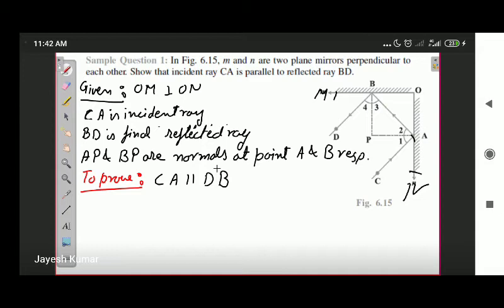First, we can prove that the pair of alternate interior angles are equal, therefore the lines will be parallel. Or we can prove that a pair of corresponding angles are equal, then the lines will be parallel. Or we can say finally that the pair of co-interior angles are supplementary. In that case also the lines will be parallel. So we have just these three means to prove that lines given to us are parallel or not. Okay, so we are going to use one of these means in order to prove what we have now.